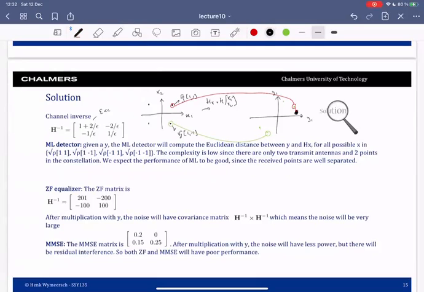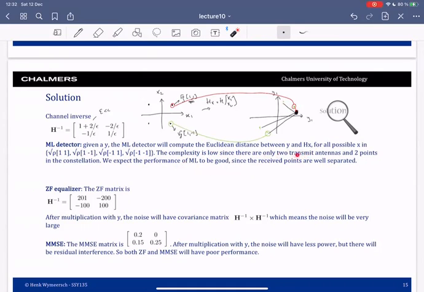To make a decision, we compute the distance between the received point and each of the mapped transmitted points. The one that is closest, we say, okay, this was the decision. We expect the performance of this to be quite good, provided these points in this decision space are well separated. So the mapped constellation points should be well separated, and then the maximum likelihood will be good.